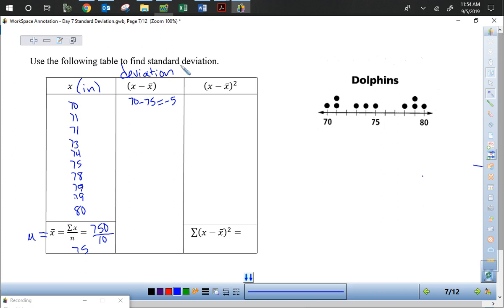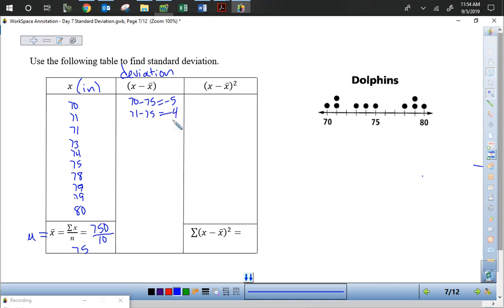But again, we're looking at standard deviation, so just one of the deviations isn't going to be our answer here. In order to talk about the average deviation, we have to find all of them first. So we're going to go through this column and go ahead and do this for all of them. 71 minus 75, all the way down.